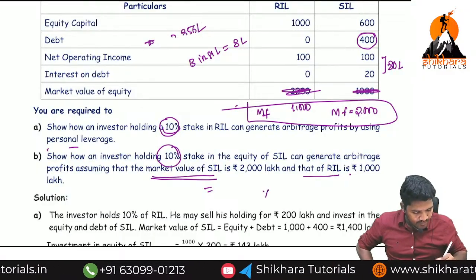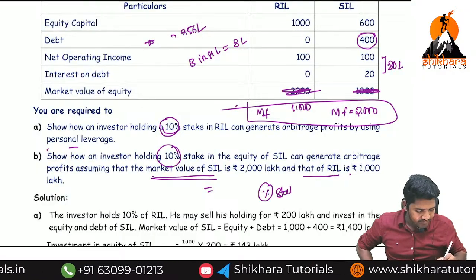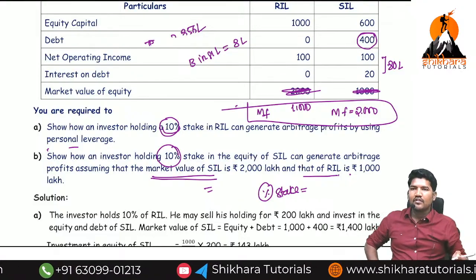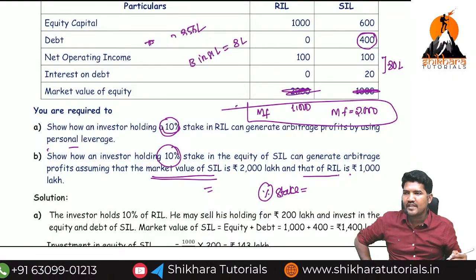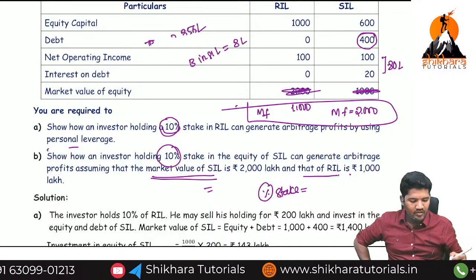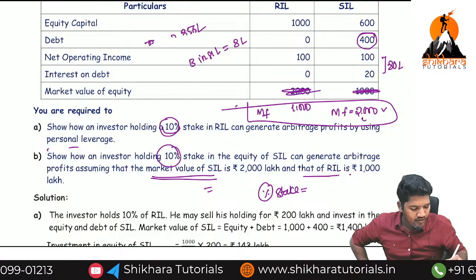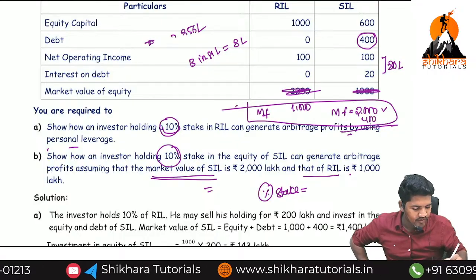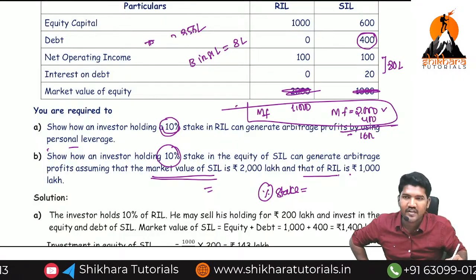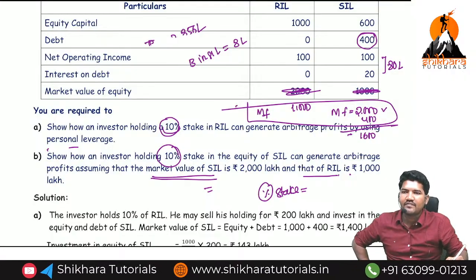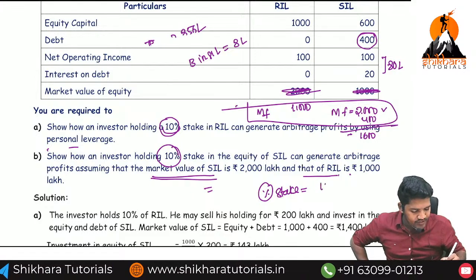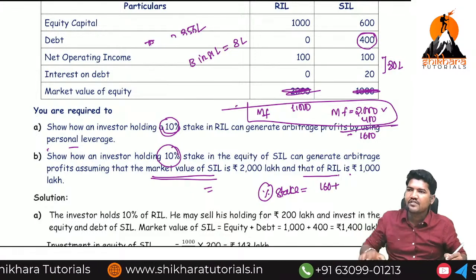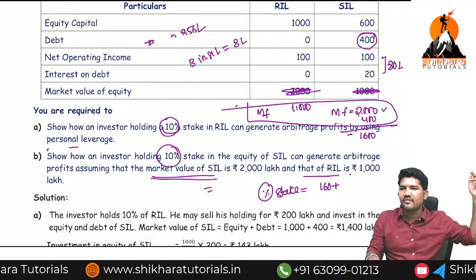Next, find out the percentage of stake you will have. If you sell, how much will you receive? Out of the total 2000, if you reduce the 400 debt value, you get the company equity value of 1600. Out of 1600, you are selling 10%, which is 160, plus 40 you are taking from the outside.